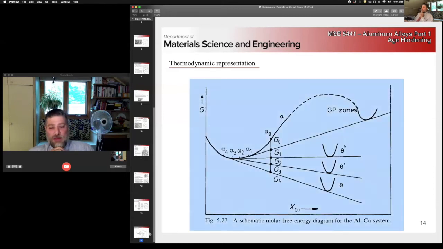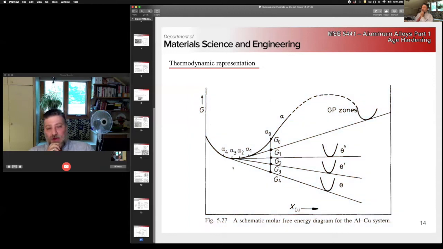Right. Okay, so that's the end of what I wanted to show with this, right? Really, I wanted to just highlight a lot of really good information that we can get from these common tangent constructions from the partial molar Gibbs free energies, right?